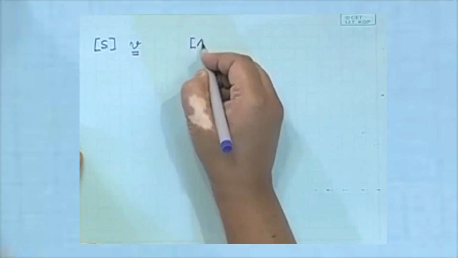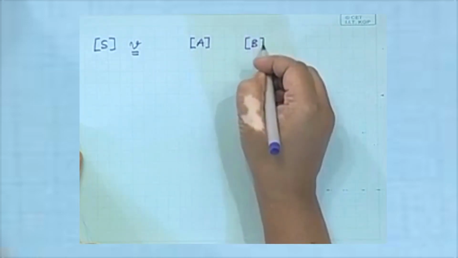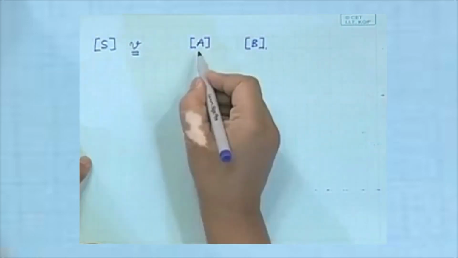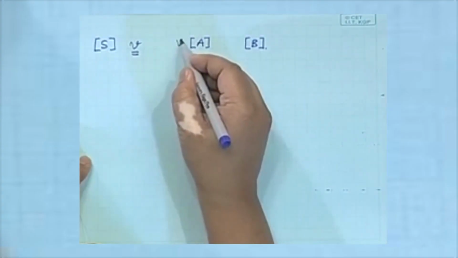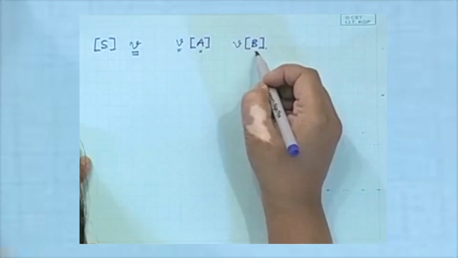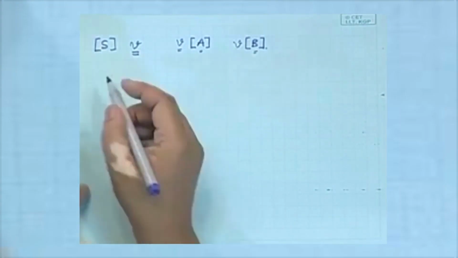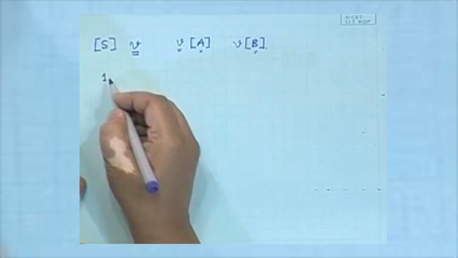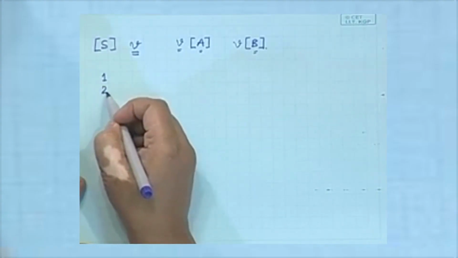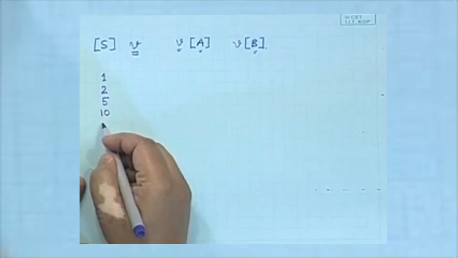If I put in an inhibitor A and an inhibitor B, what do I need? I need the velocities for the presence of A and the velocities for the presence of B for the same substrate concentrations. So, say we had values 1, 2, 5, 10, 20.